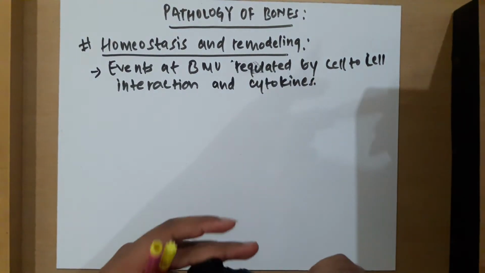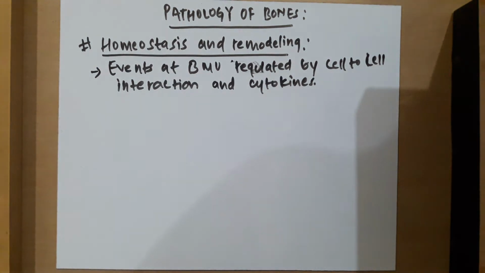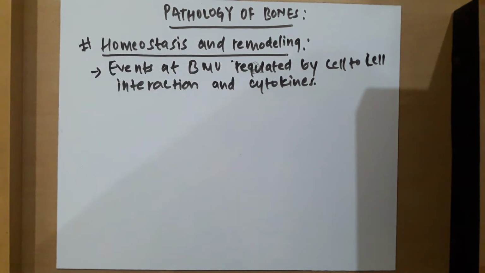So cell to cell interaction means there are marrow stromal cells, osteoblasts, and osteoclasts, and these cells present various types of ligands and receptors, and they also release some factors.